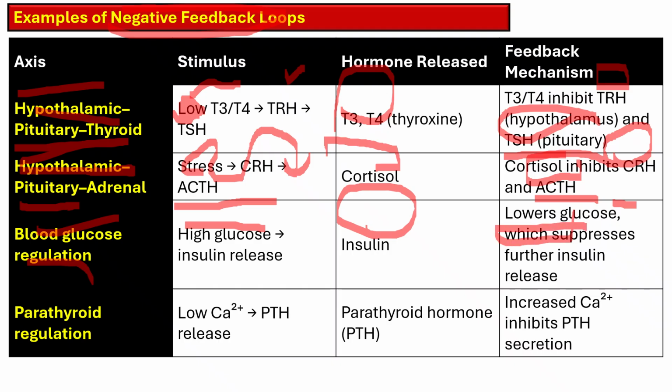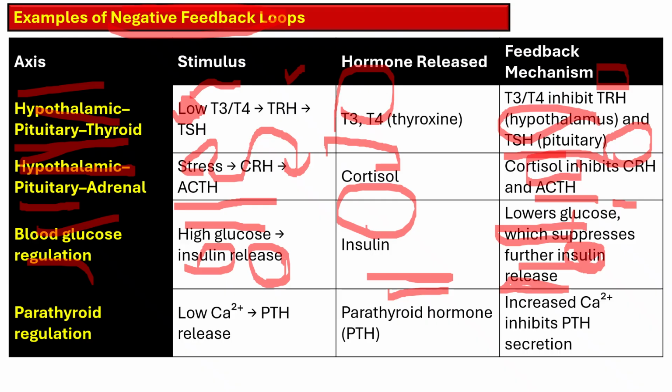Parathyroid regulation involves a low calcium concentration that causes the release of parathyroid hormone from the parathyroid gland, that increases the calcium ion concentration, which inhibits parathyroid hormone secretion.